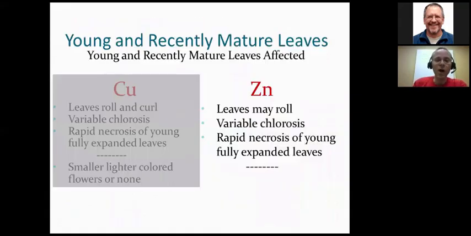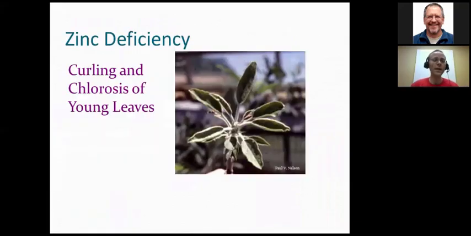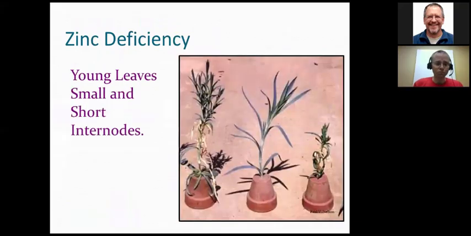Let's look at zinc now, our final nutrient deficiency. We get curling or chlorosis of the young leaves. Sometimes we get shorter internodes. The plant on the right is deficient in zinc, and we're seeing those shorter internodes.